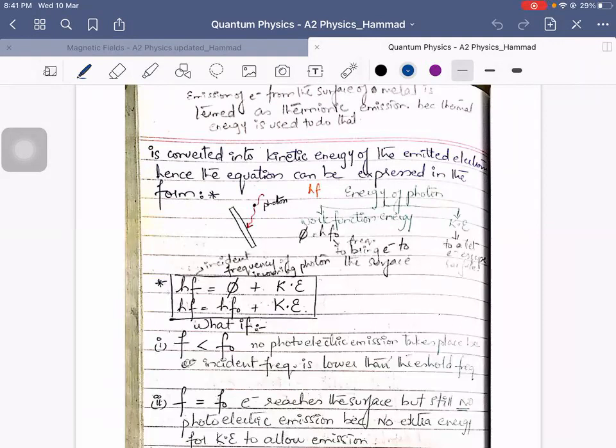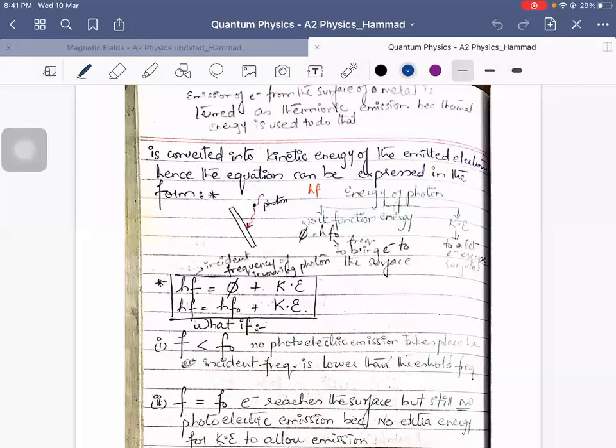And when the metal started to emit electrons, there was a current witnessed. This current, because it was being developed due to the presence of light, was termed the photocurrent. Photo as in light.